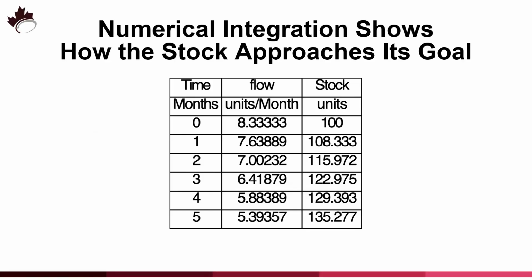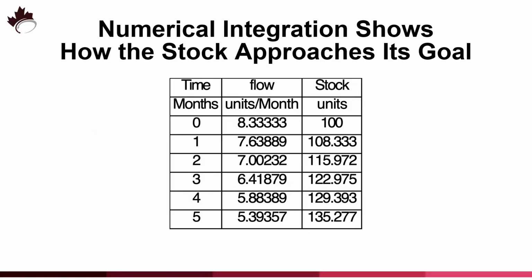So at the end of the first month, we have 108.333 units of stock. Then we calculate the flow from month 1 to month 2, and we see 7.63889, the flow into the stock between month 1 and month 2. So at the end of month 2, we have approximately 116 units of stock.